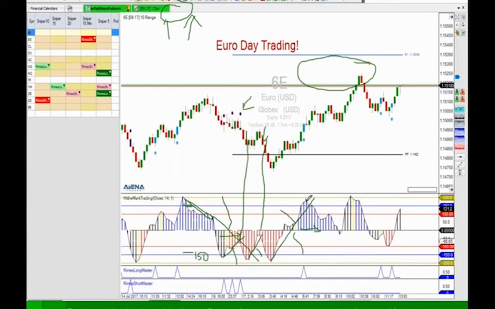Here's a diagonal trend line break here. No bump, just straight down. Here's another one where I do have a bump, and this, I guess, is about right here. Here's a beautiful one here.